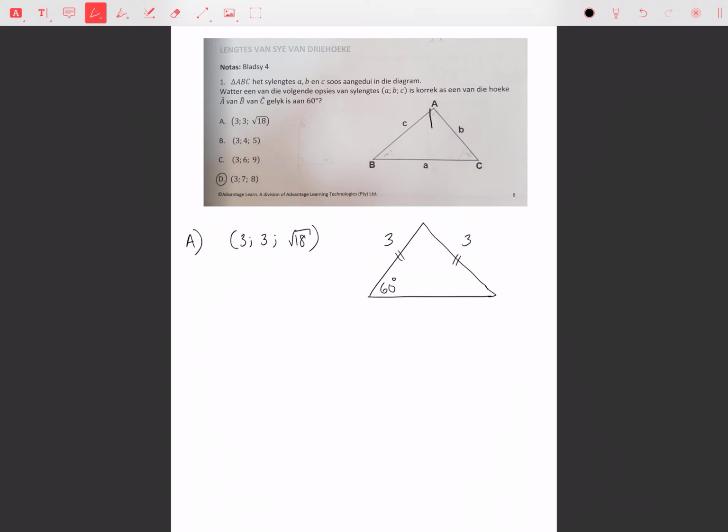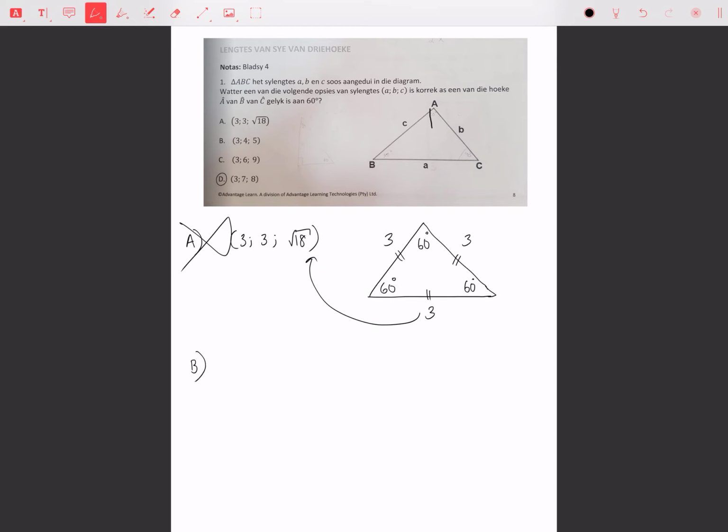Now we can see that this is an isosceles triangle, so this should be 60 degrees. But now, if those two are 60, the sum of angles of a triangle says that this should also be 60, which means that this should be 3. But we've got that it's root 18, so this couldn't have a 60 degree in it. So that is not an option.